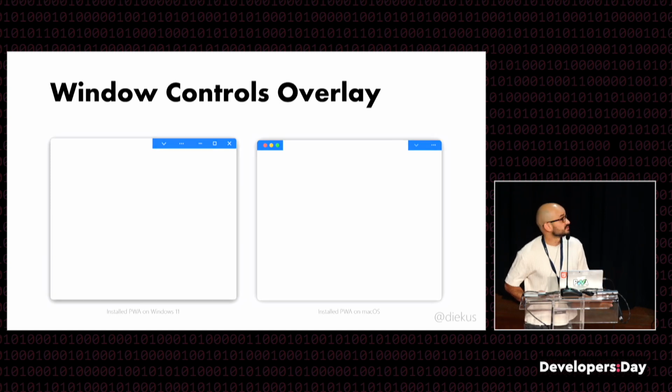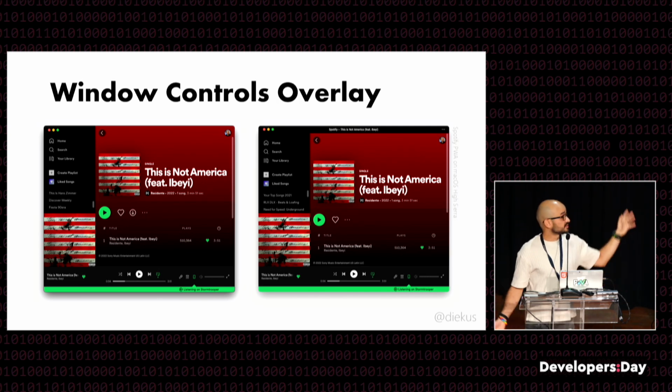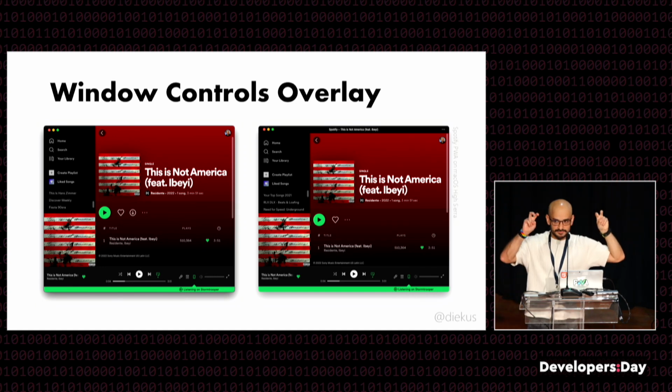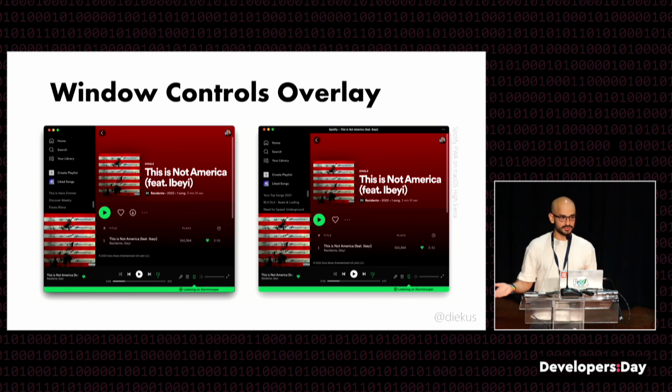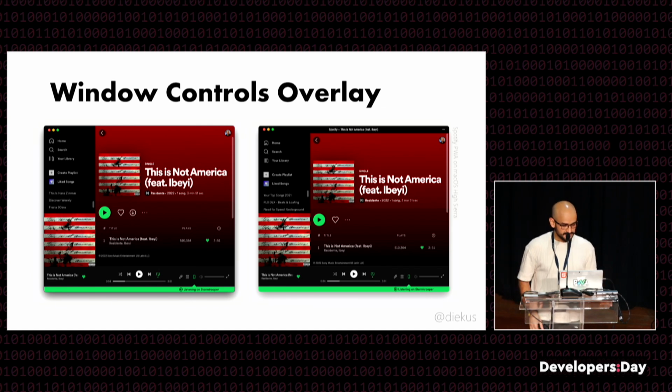Why is this important? I'm going to put here an example. On one side you have the platform-specific Spotify app running on Mac OS. On the other side, you have the progressive web app that's installed from open.spotify.com. Differences, really hard to tell.